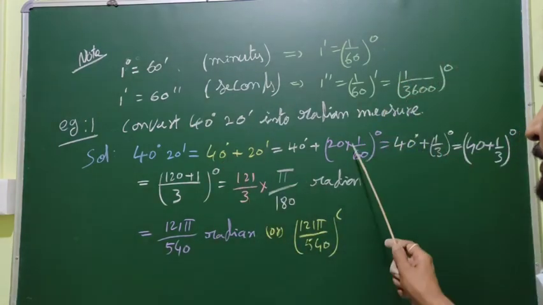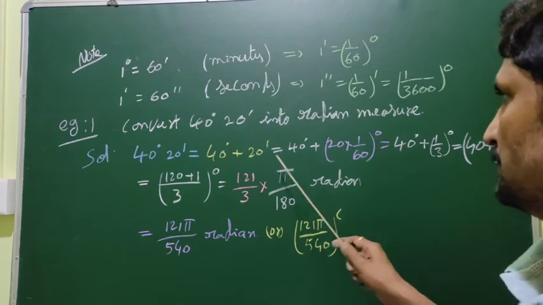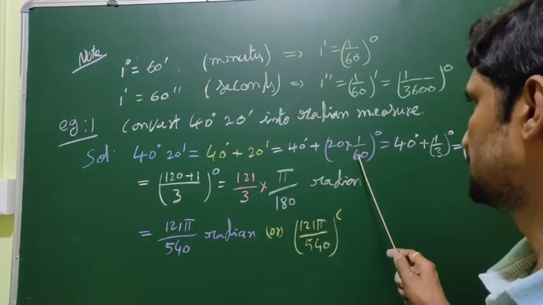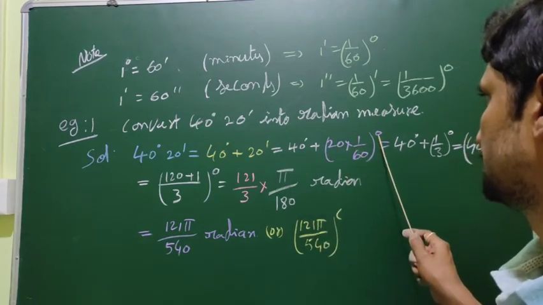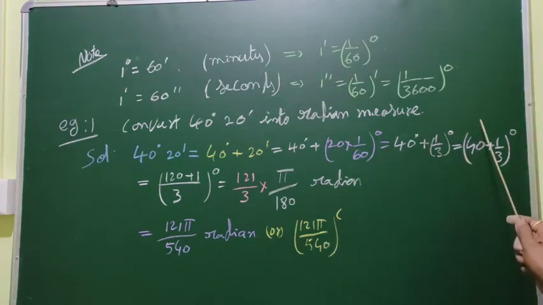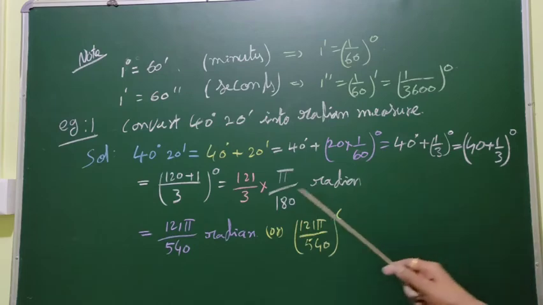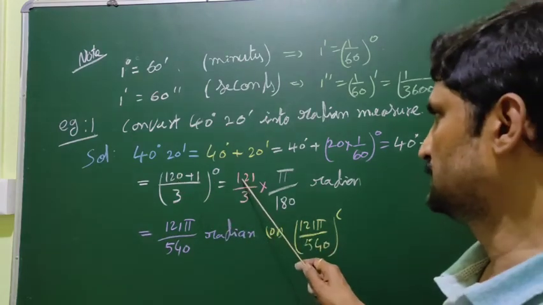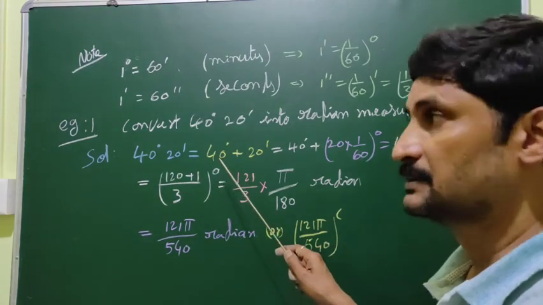So 20 into 1 by 60 degrees, since 1 minute is equal to 1 by 60. Now 1 by 3 is degree, this is also degree. Then totally it is degrees. Convert into one value, that is 121 by 3 degrees.